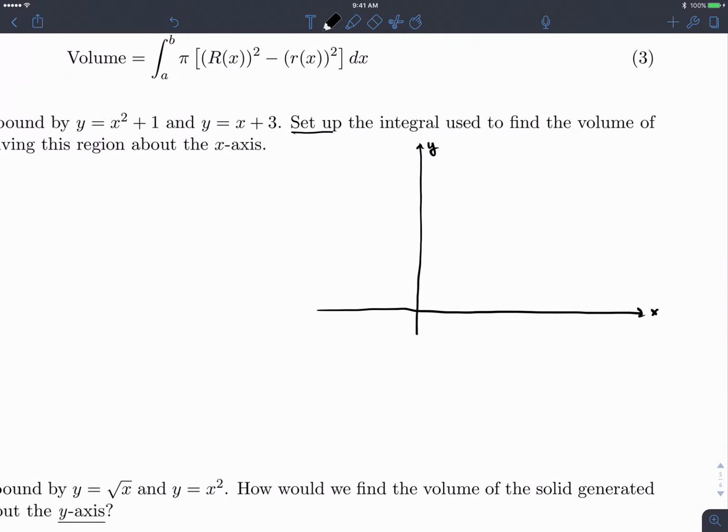Now x squared plus 1 is just a parabola centered at the origin that's been shifted up 1 unit, so this one will be relatively easy to graph. So this is y equals x squared plus 1.